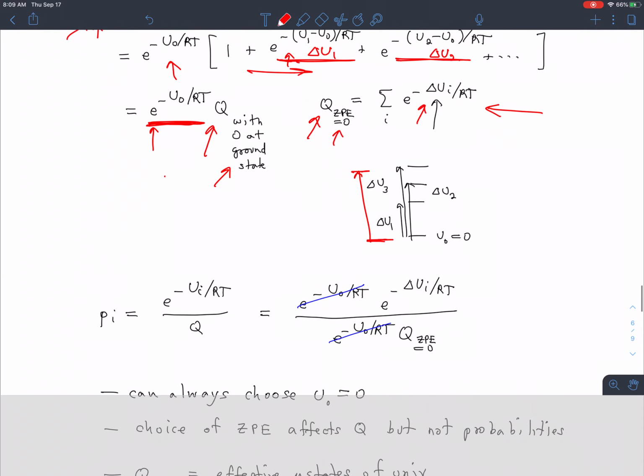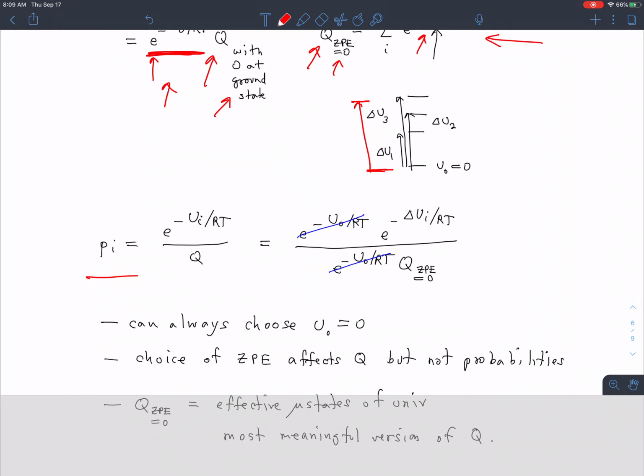Well, if these relationships up here are correct, then the probability from the Boltzmann distribution can be rewritten by factoring out the zero-point energy, the energy of the ground state, on the top in this factor, and also on the bottom in the partition function factor. And then they divide out, and only the energy differences matter. And this is a general example of the fact that absolute energies never matter in any physical setting. It's always only energy differences or energy gradients that cause forces or changes or have effects in any physical setting.